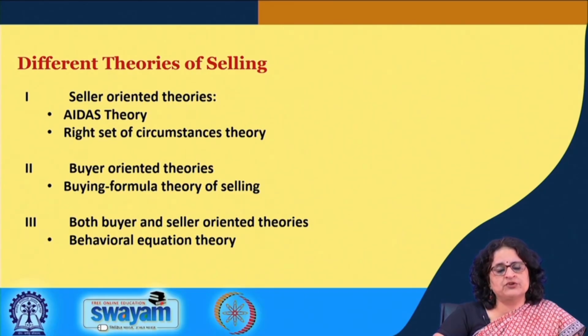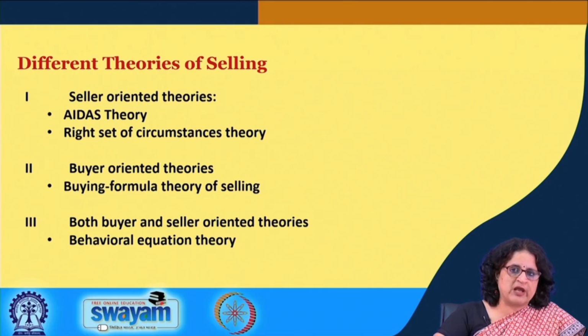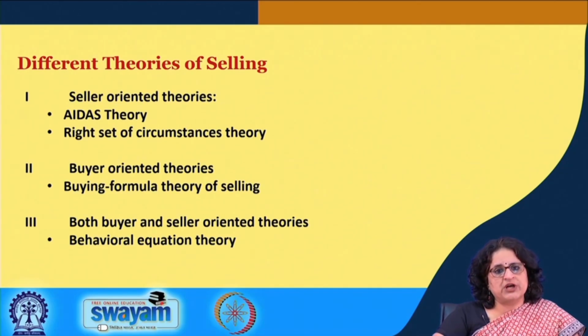Some of the theories lay emphasis on what goes on in the consumer's mind, or the prospect's mind, and how the salesperson must gain an insight into what is happening within the consumer's black box and strategize accordingly.